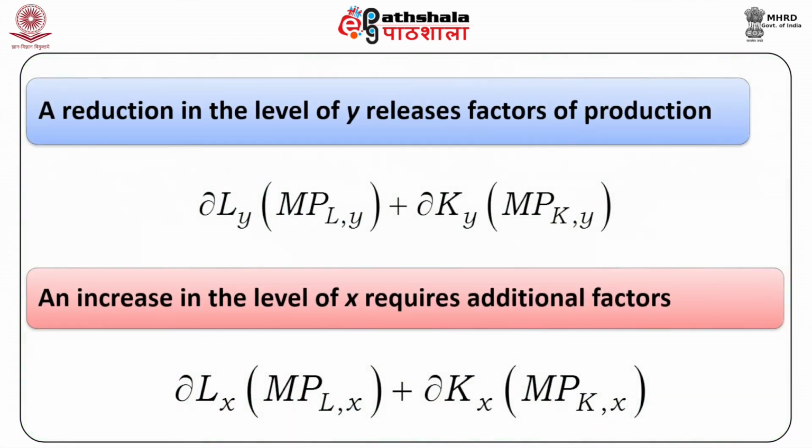A reduction in the level of y releases factors of production. Therefore, del Ly into MPLy plus del Ky into MPKy, that is the marginal product of Ky. This shows how the total product is generated. An increase in the level of x requires additional factors of production.